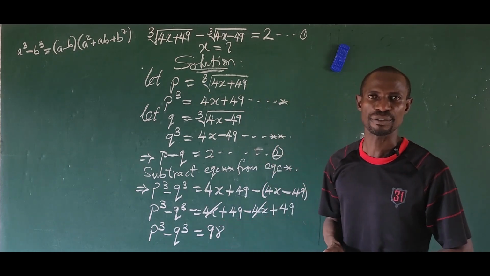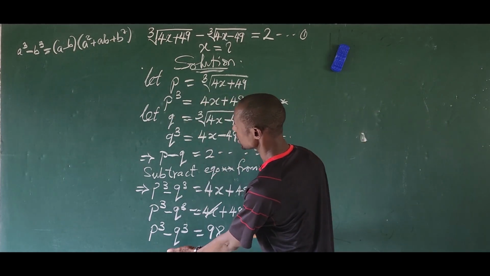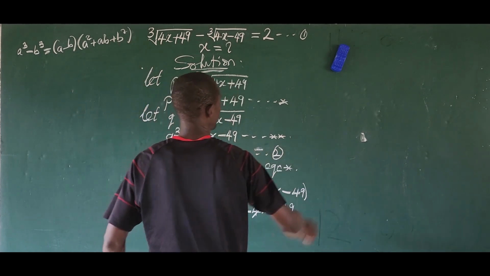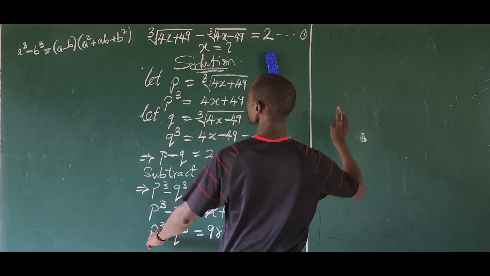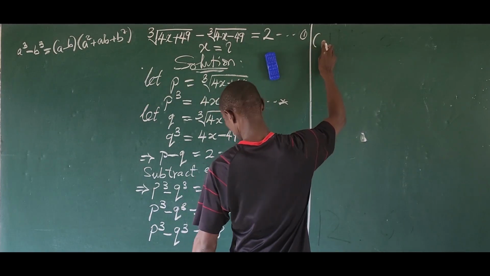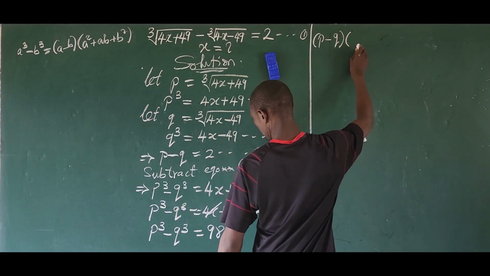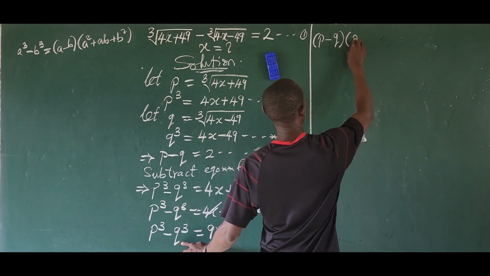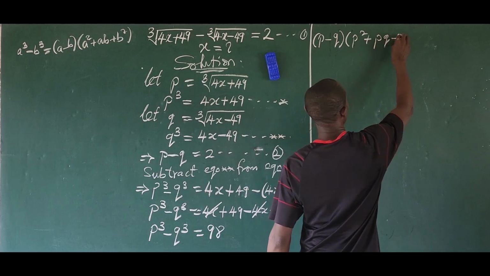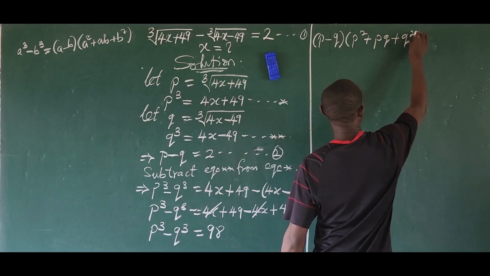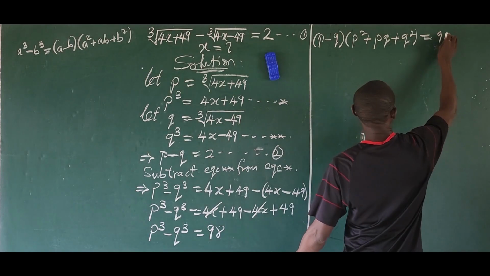So we want to write the left-hand side of this expression in this format. Doing that is going to give us this. Let's continue. So this is going to give us bracket p minus q close bracket, p to the power of 2 plus pq plus q to the power of 2 close bracket equal to 98.